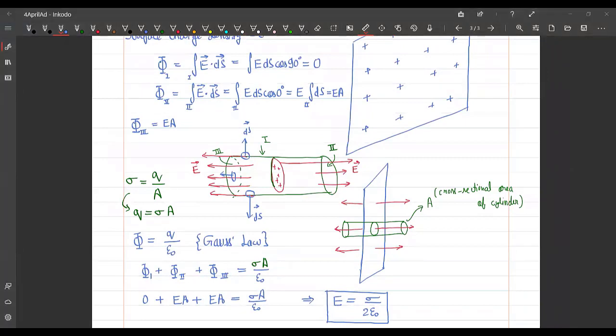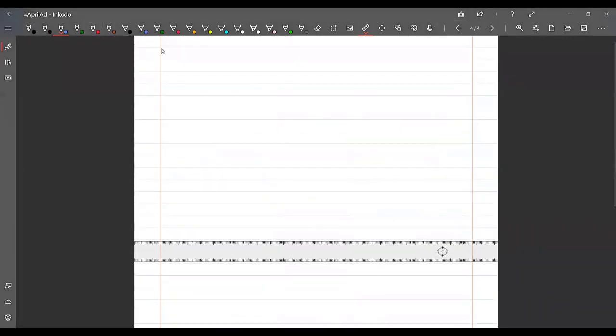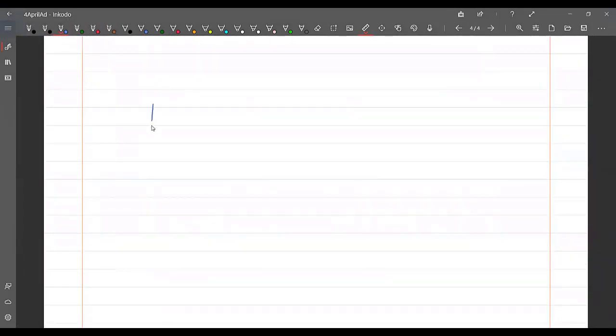Any questions? Now, this was due to a single plane sheet of charge. Now, for a single plane sheet of charge, suppose it is positively charged and you want to find the field.